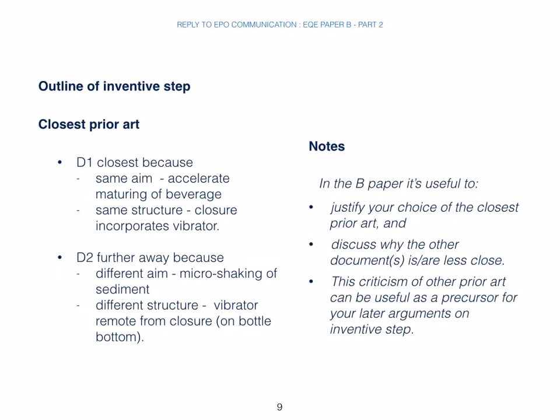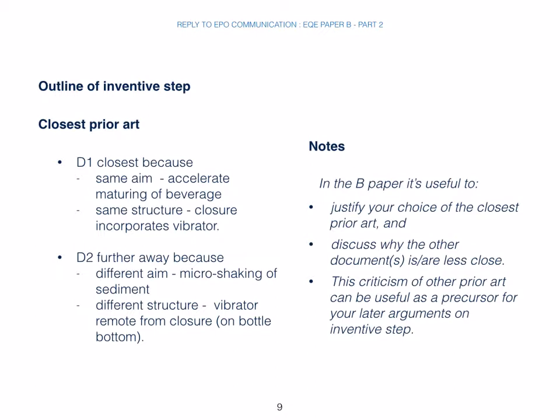Most important for identifying the closest prior art is that you should bring in facts from the client's invention and facts from the prior art. So you have to refrain from making catch-all statements like "A is the closest prior art because it pursues the same aim and has most features in common."